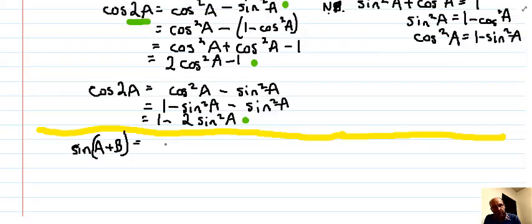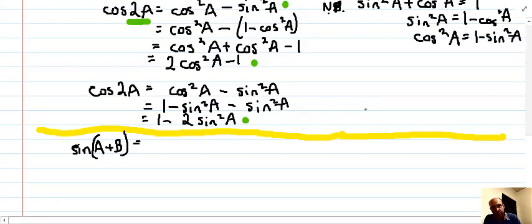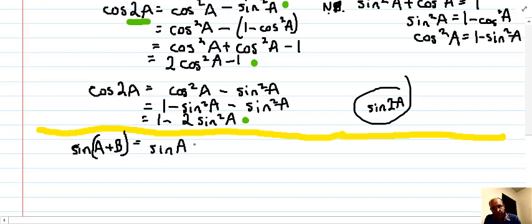Now we're going to generate the sine 2a identity. And just like we did with cosine, with the sine, we're going to use the sine sum of 2 angles. So that sine from earlier in the video, sine a times cos of b plus cos of a times sine of b.